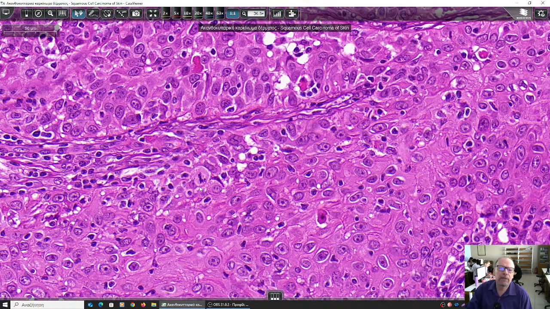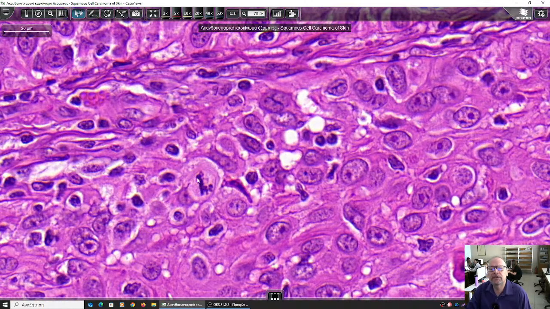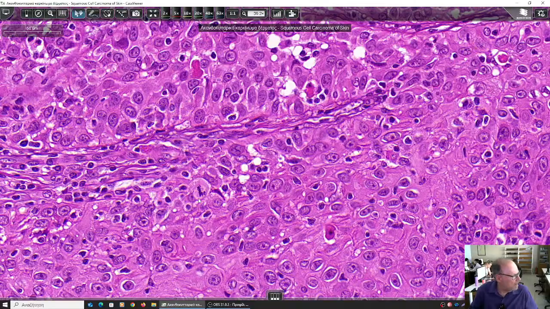What about this one? What denotes here that this is possibly a malignant cell? What happened to its nucleus? Have a look. What is this? It could be either a mitosis or, how do you call that? Karyolysis. That means the nucleus breaks.